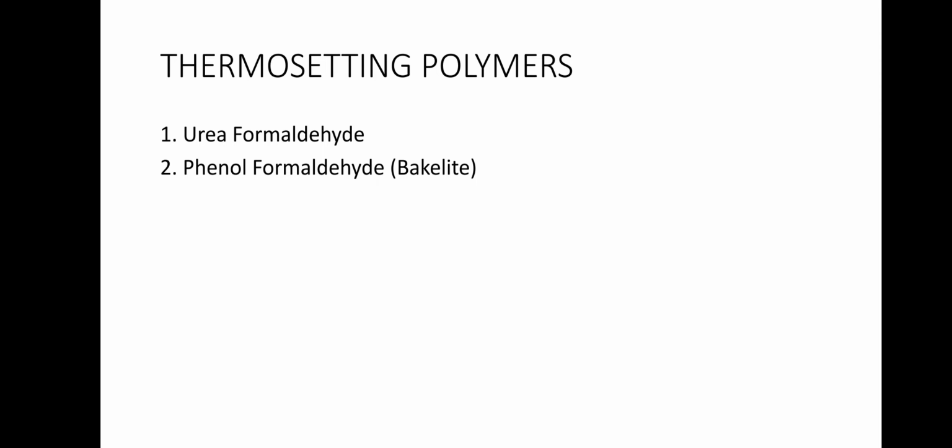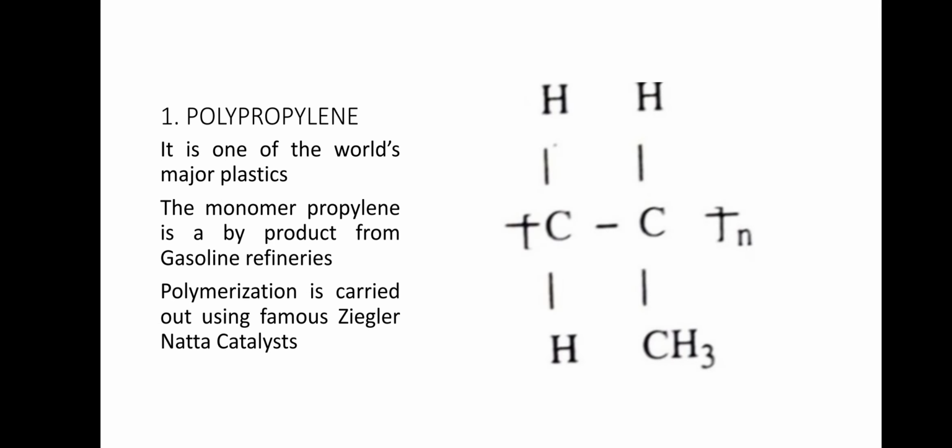Thermosetting polymers are urea formaldehyde and phenol formaldehyde. Phenol formaldehyde is bakelite, which is used for electric switches and fuses.